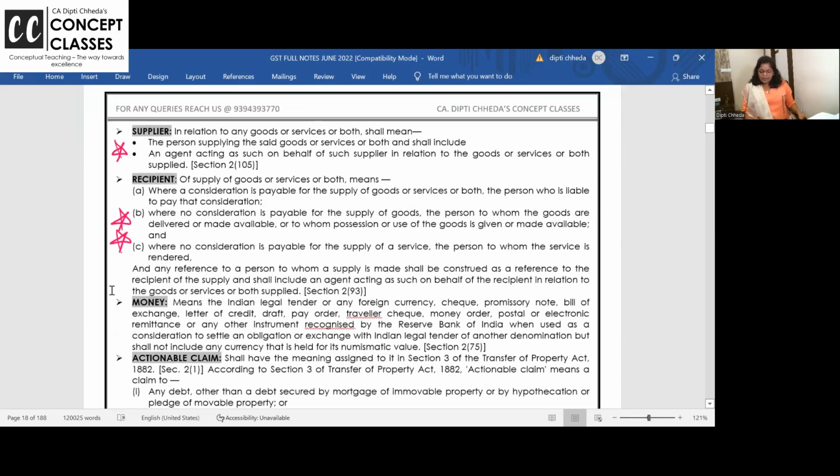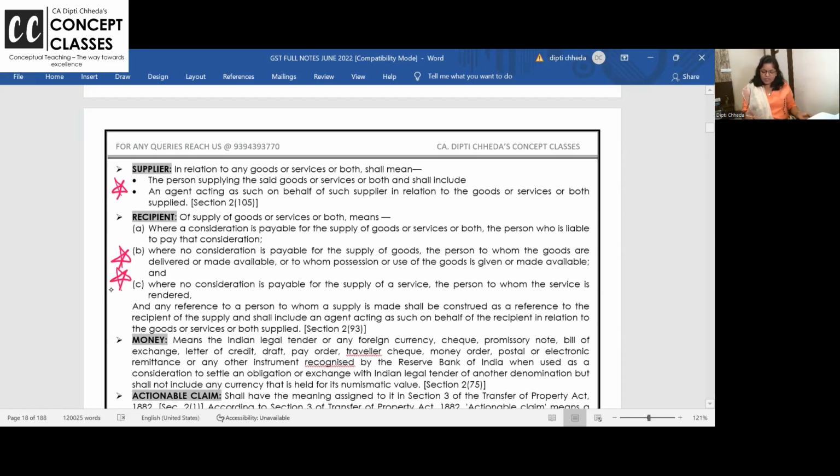Supplier, in relation to any goods or service or both, shall mean person supplying the goods or services or both, and shall include agent acting as such on behalf of supplier. Yes, supplier is a person who is supplying goods or supplying services or both. The best example of both is when you give your vehicle for servicing. Till date, GST is charged differently.